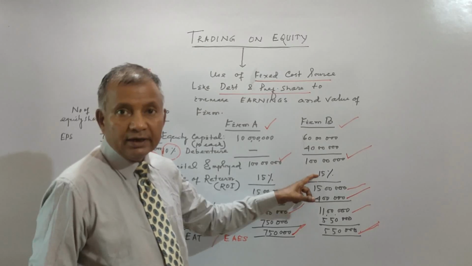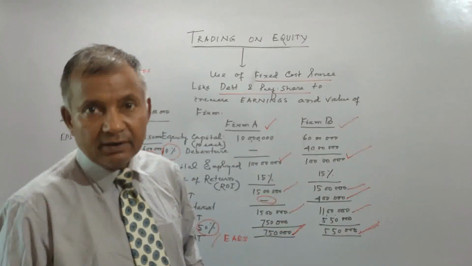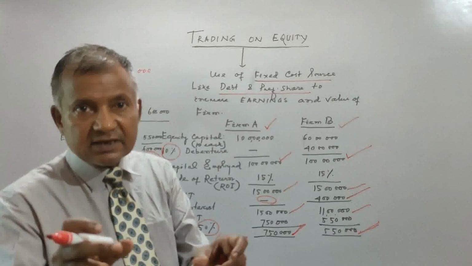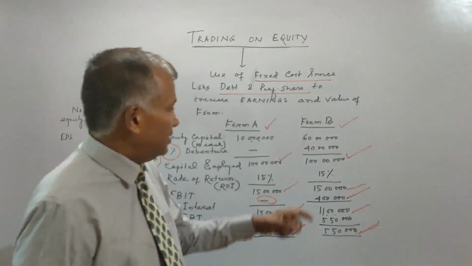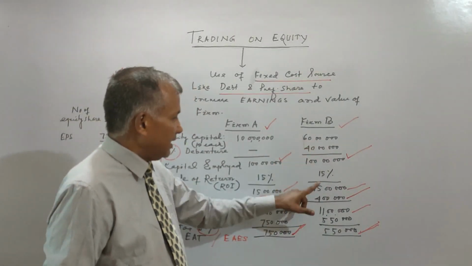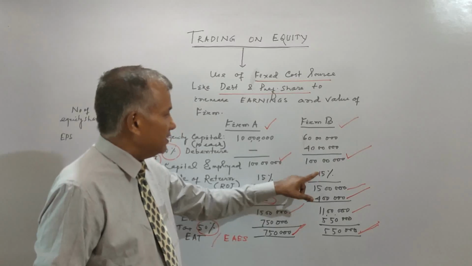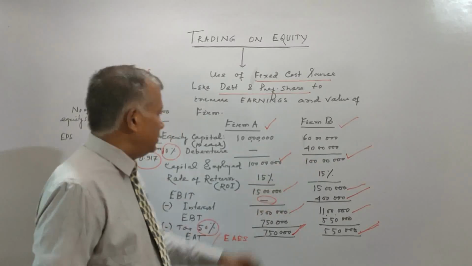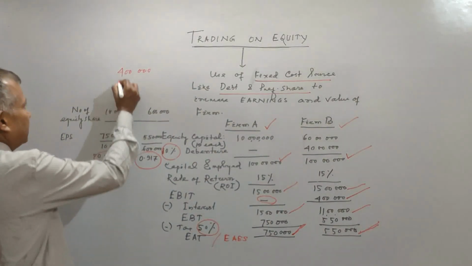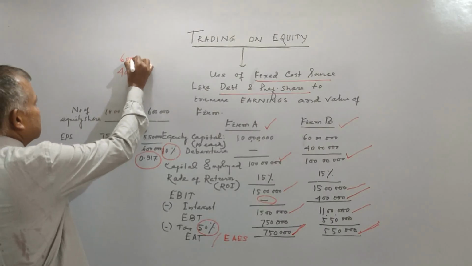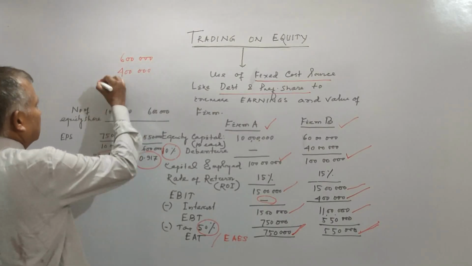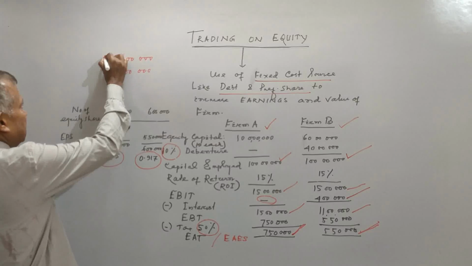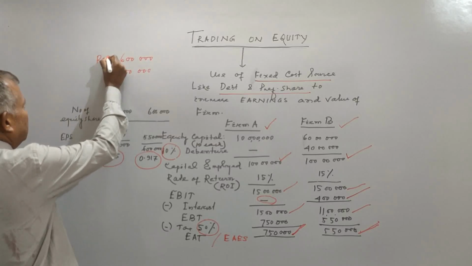This is your return on investment. So by using this 40 lakhs, the firm gets 40 lakh into 15%, that is 6 lakh. So this is your return on investment.